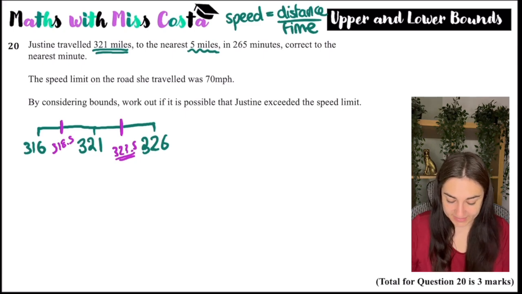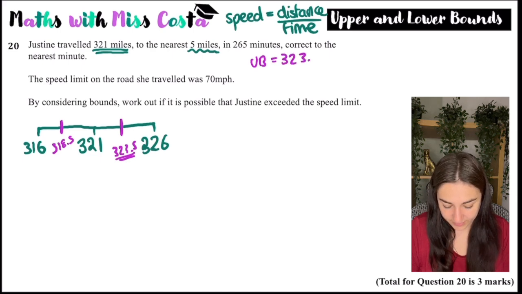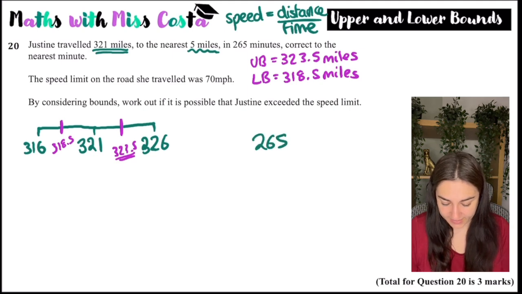So that's the minimum distance that she possibly could have travelled. So upper bound of distance is 323.5 miles and lower bound of distance is 318.5 miles. Now, she travelled this in 265 minutes, correct to the nearest minute.